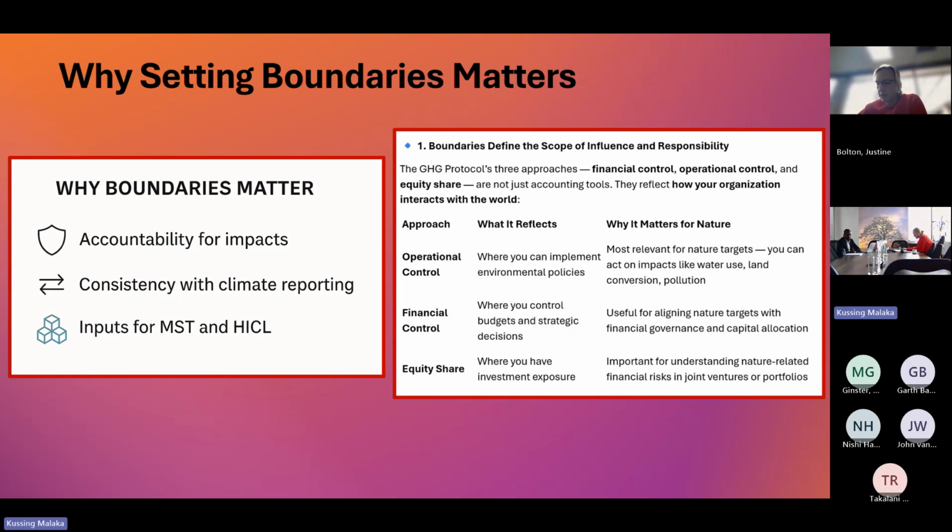And why it matters is because it enhances risk identification. So it's not just a reporting step. By understanding where the risks are in your operations or supply chains, it leads to enhanced risk management and impact management, and shows where nature-related risks are concentrated.